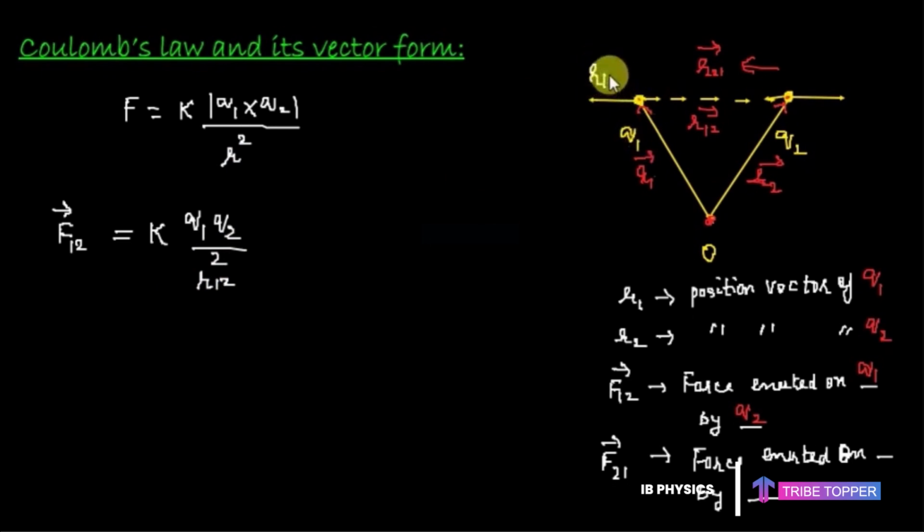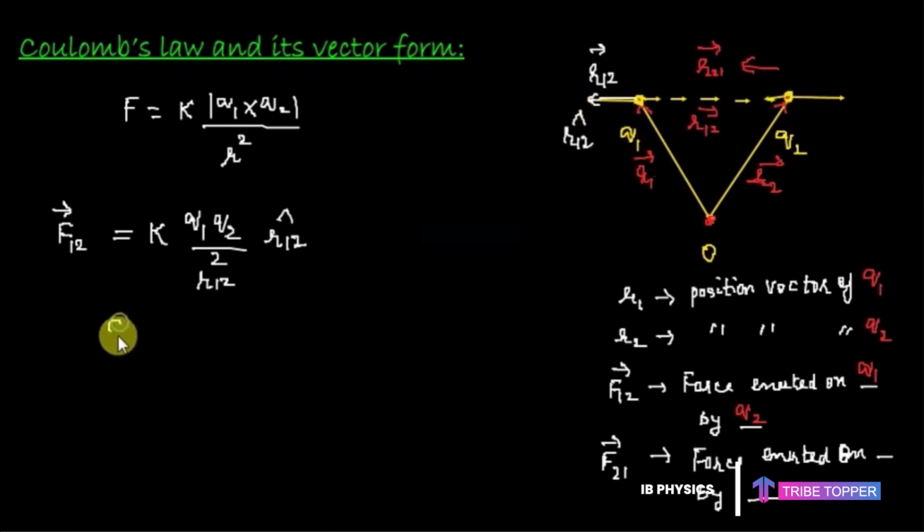The force on 1 due to 2 is in this direction, and suppose it is repelling. The unit vector is important to specify the direction. So R12 unit vector acts along this radius vector but towards the left.